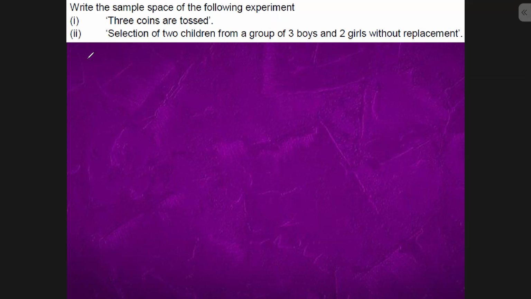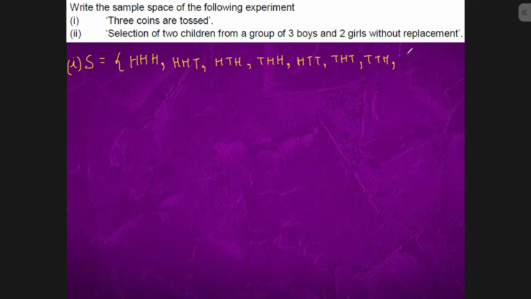The sample space could be denoted as S. If we take all H, and one H changing, now we will have 2H, 2T. And all T.